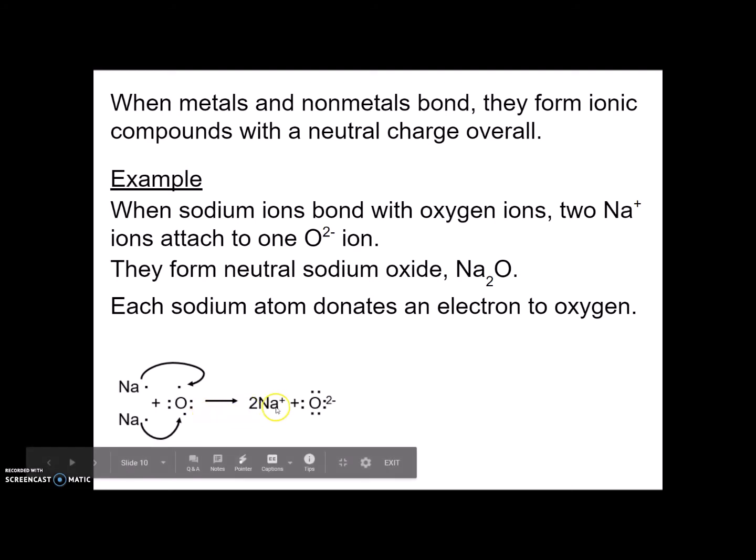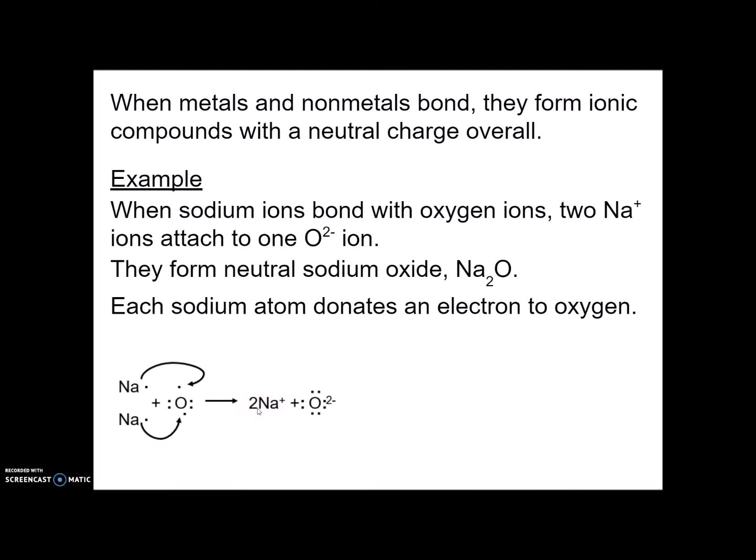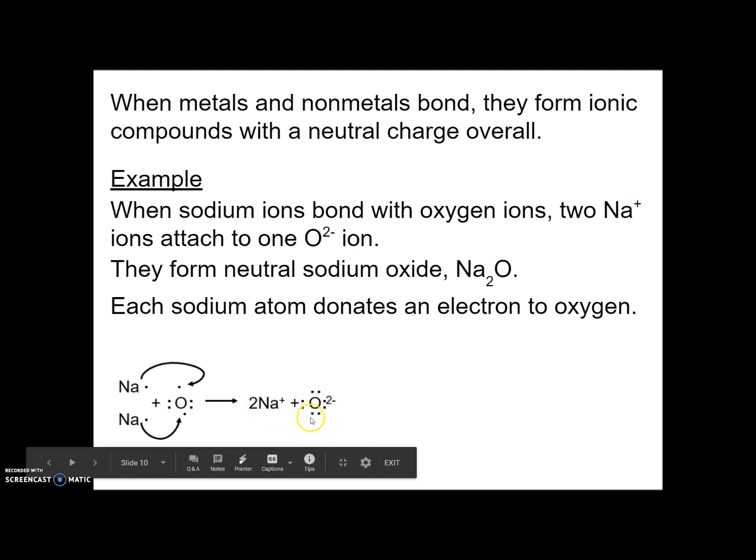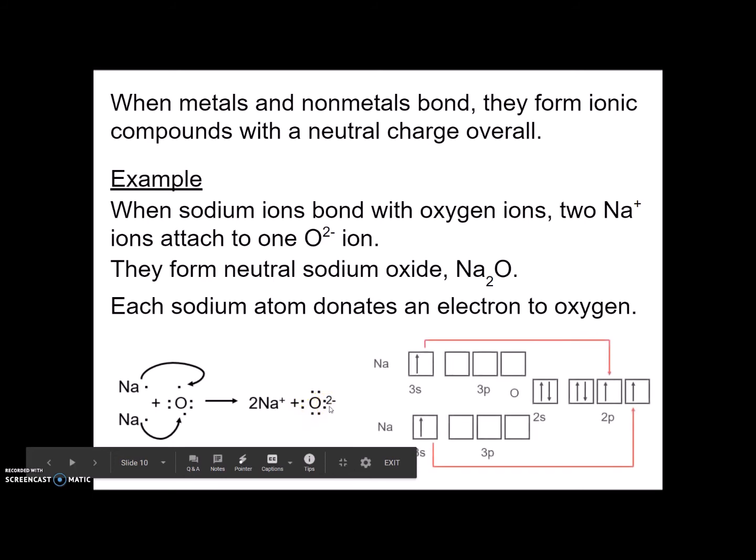And the result is two sodium atoms, which once they've given up that one valence electron, you don't need to draw 8 dots around it. We know that it now has attained a neon electron configuration. But the oxygen atom now has a full 8 dots around it and a 2- charge.